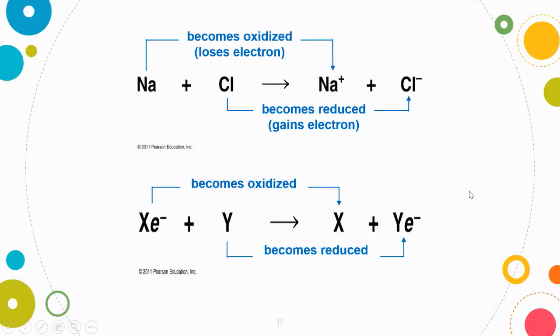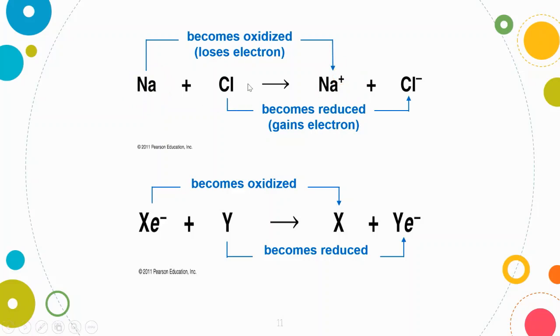This is another example you can have a look at for the oxidation and reduction process. When you look at the equation, before the reaction, there is a sodium atom, and after the reaction, you can see it is positively charged. The positive charge represents that there is loss of electrons.